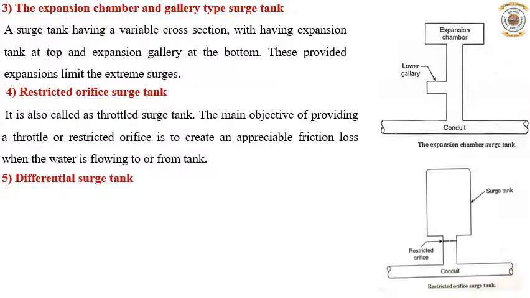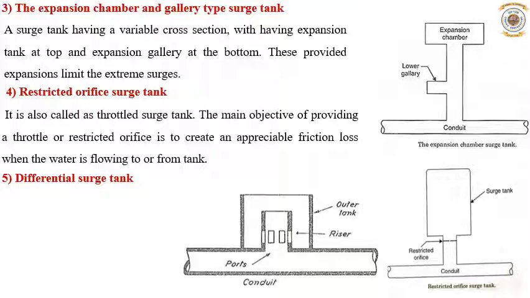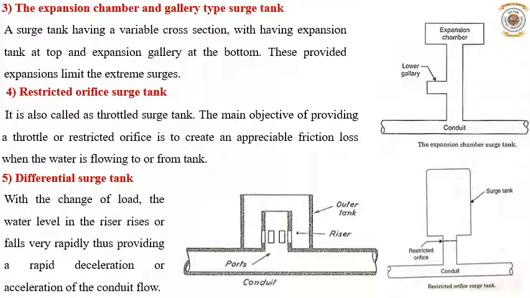Okay, the last one is the differential type surge tank. So you can see the diagram. A differential surge tank has a riser with a small hole at its lower end, through which water enters it.